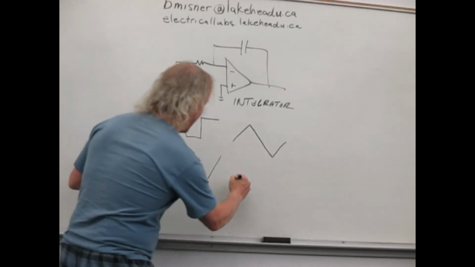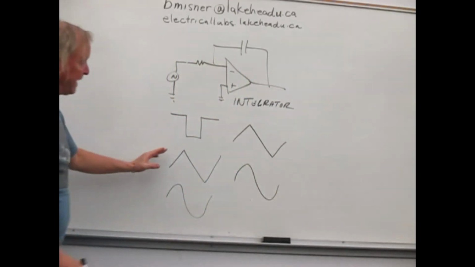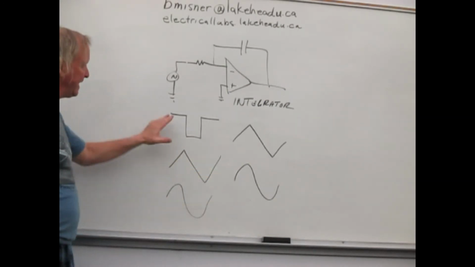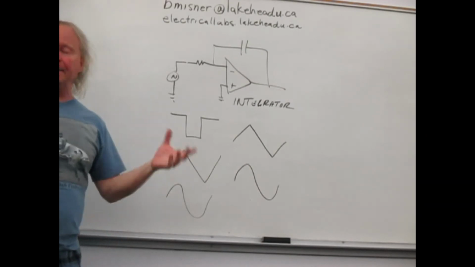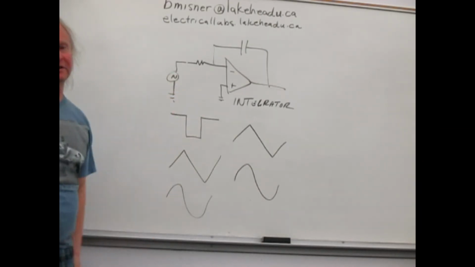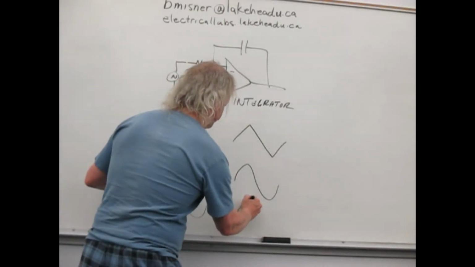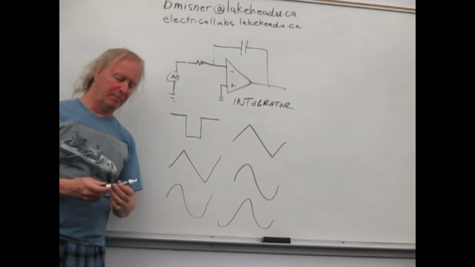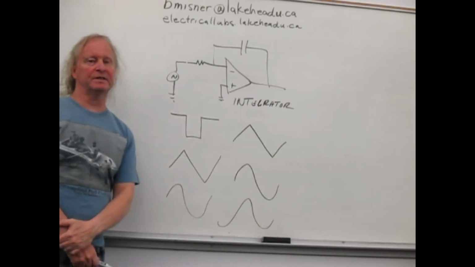But what ends up happening here is it ends up looking like this. So we've taken a triangle wave and changed it into a sine wave. We've taken a square wave and changed it into a triangle wave. So we've shaped our waveforms with these different circuits. And the integral of sine is minus cosine.